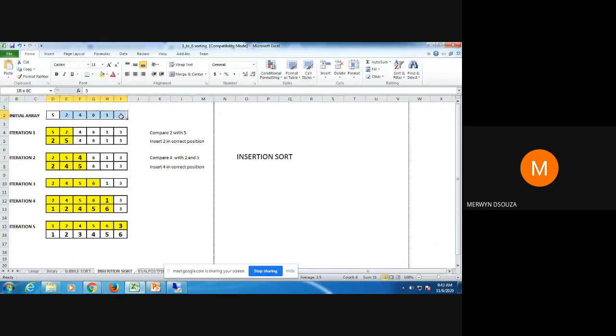Sort this using insertion sort in descending order. The same initial array, sort it in descending order.